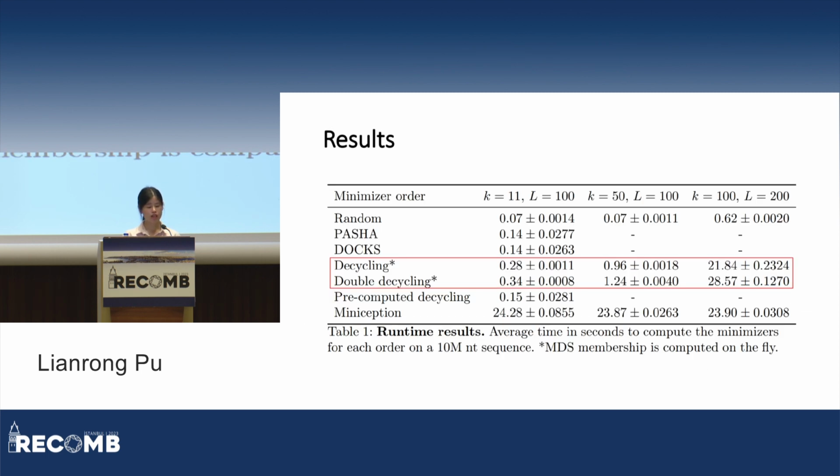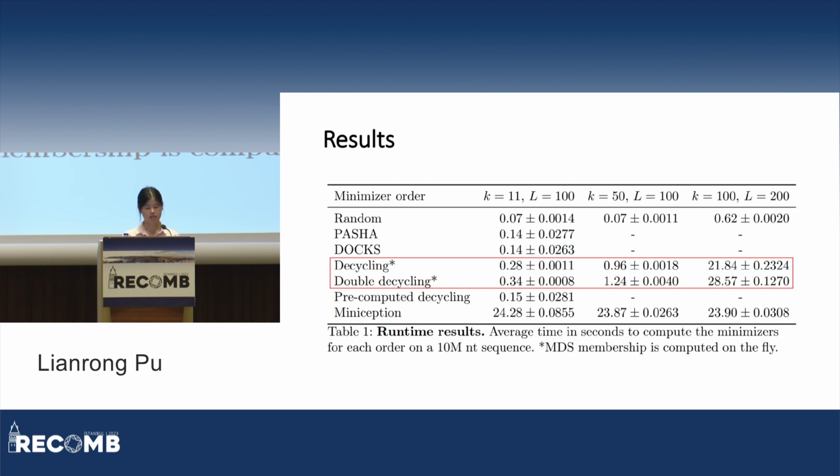And here I show the runtime. We compare the runtime of the decycling set-based order to other methods. We know that random order always consumes less time, but as we know from the previous slides, it has the worst performance. And when k is big, compared to minception, the decycling set and double decycling set based orders consume similar time or even less time.